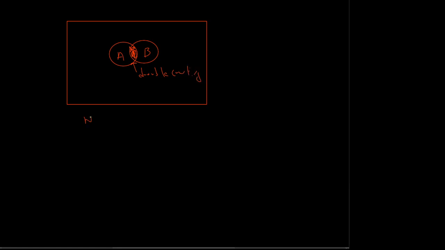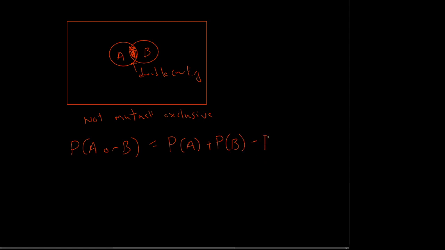And so we call these not mutually exclusive. There's an inclusive nature to these probabilities. And so the probability when the events overlap in the sample space, the probability of A or B when they're not mutually exclusive is the probability of A plus the probability of B minus the probability of A and B, right? Because that's the AND.